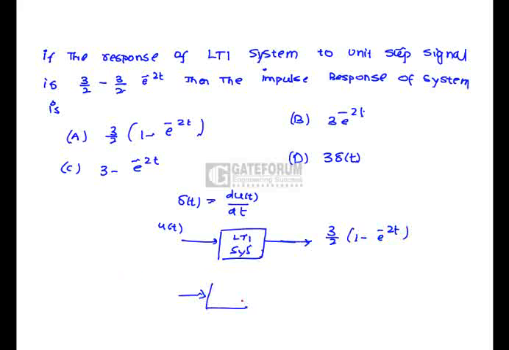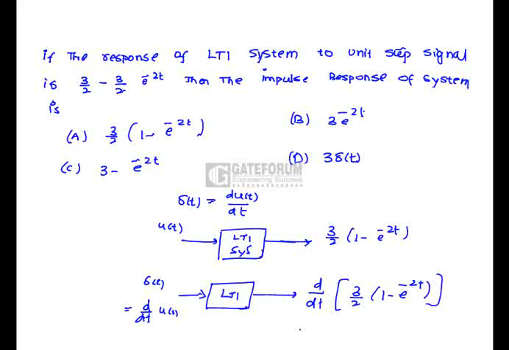But to the same system, if we give delta of t, which is equal to the differentiation of u of t, the output must also be differentiated, which is equal to 3 e power minus 2t. That is option B is correct.